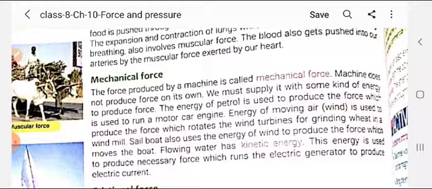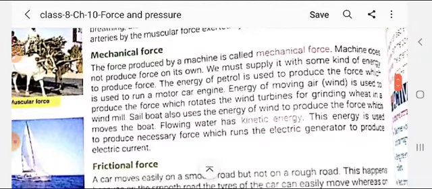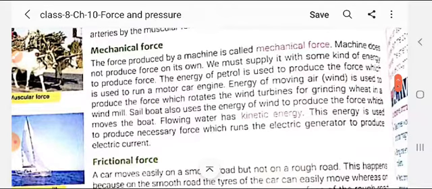Energy of moving air, that is wind, is used to produce the force that rotates the turbine for grinding wheat in a windmill.